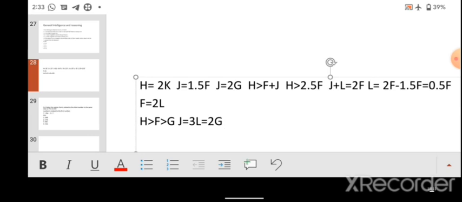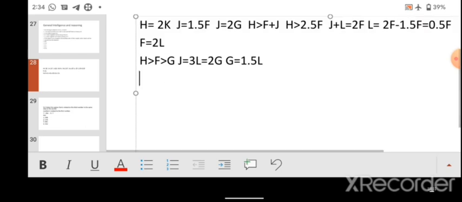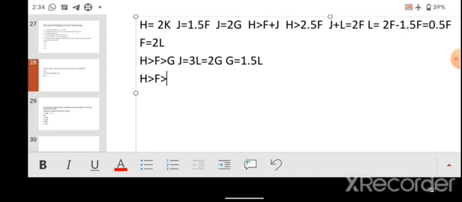So if 3L is equal to twice G, which means G is equal to 1.5L. So we can write H is greater than F, F is greater than G, and G is greater than L.